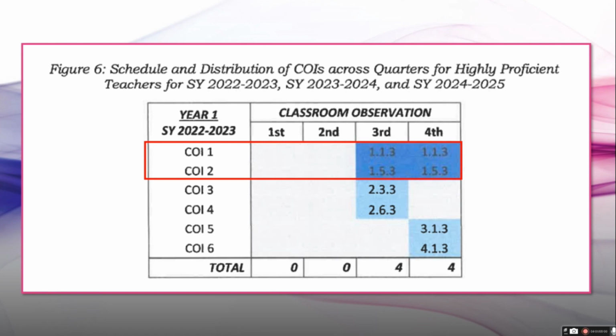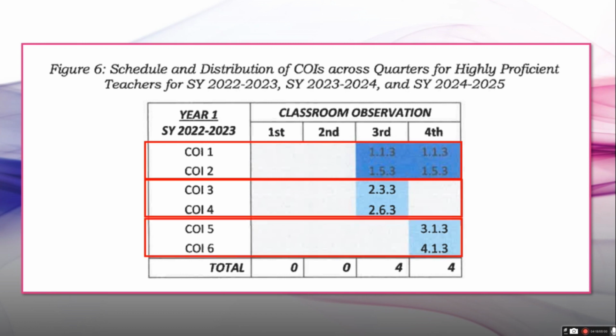By the way, tayo po ay nire-require lang ng 2 classroom observation, and that will be for the 3rd and 4th quarter. And the classroom observable indicator 3 and 4 will only be observed during the 3rd quarter. And the classroom observable indicators 5 and 6 will be observed during the fourth quarter.